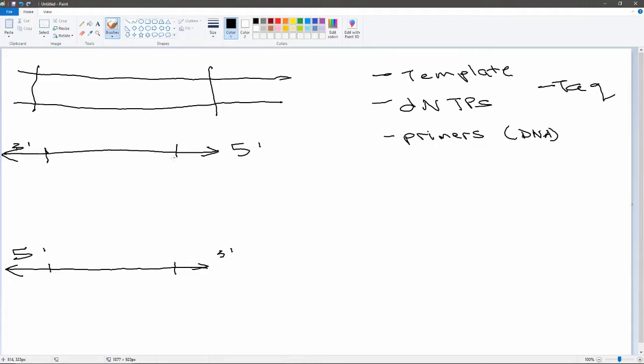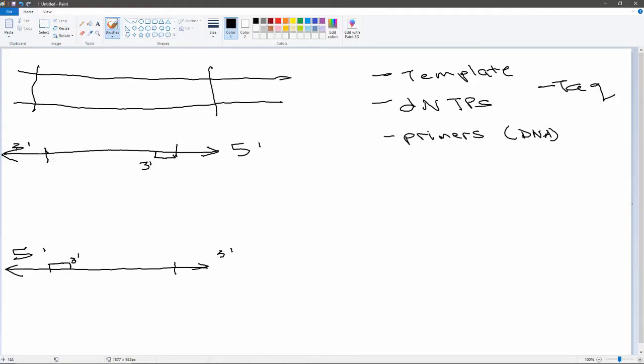So when we anneal, we have our primers, and they attach at the ends. But the primers won't attach twice to the same strand. When we say the end of our target sequence, remember the job of the primers is to give something for polymerase to build off of. So if we think about it that way, our primers will attach closer to the 5' end of this target sequence.